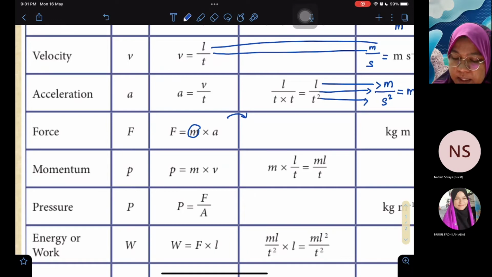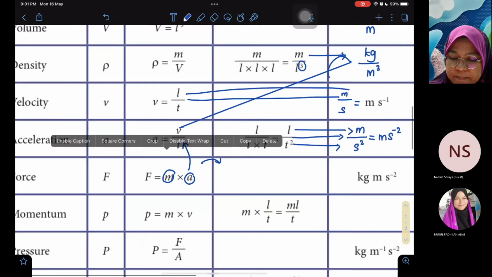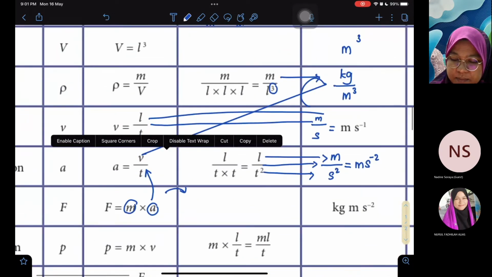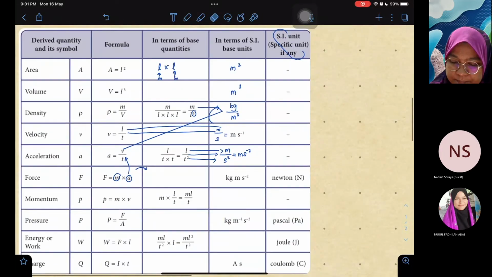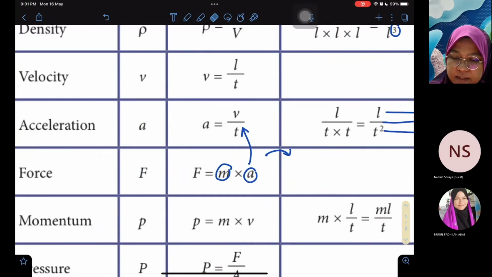So mass. Now we do A first. What is A? Acceleration. So we check, acceleration, what's the formula? So this is the formula for acceleration, V over time. V is velocity. So V itself, the velocity, is not a base quantity.